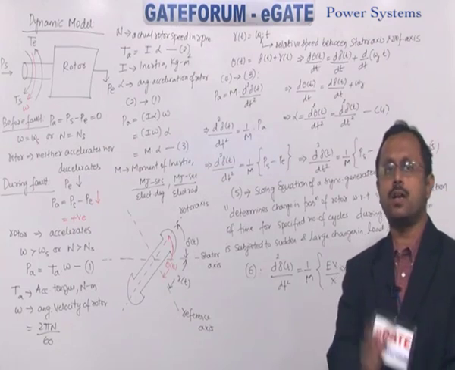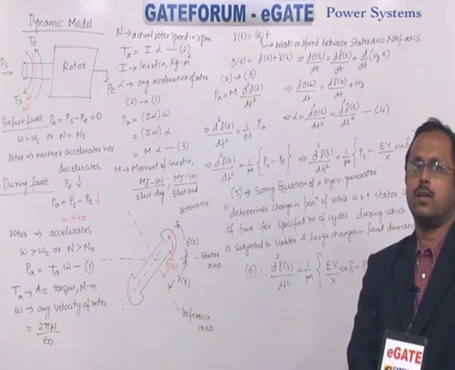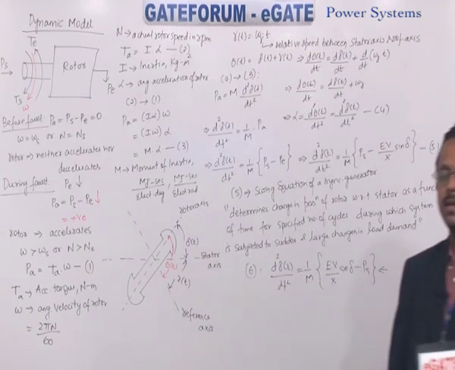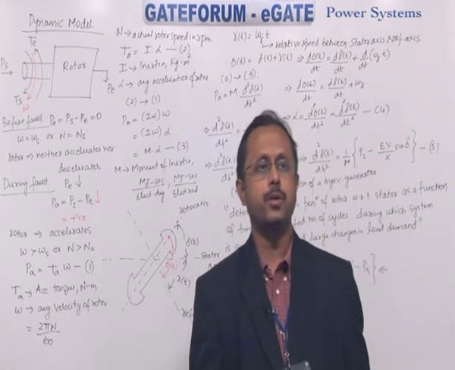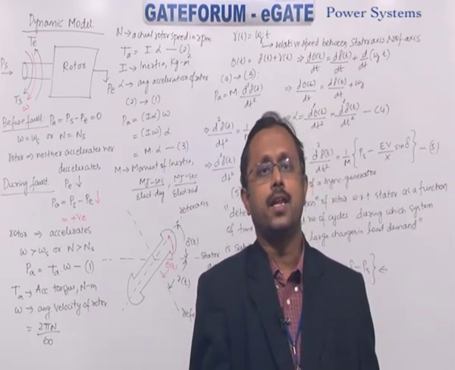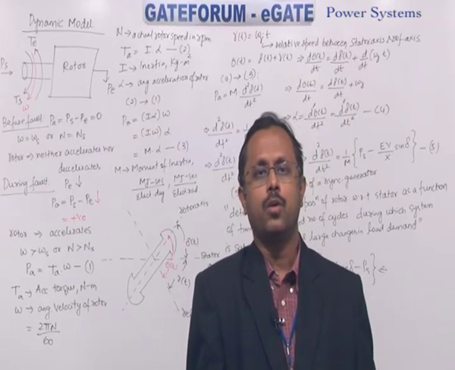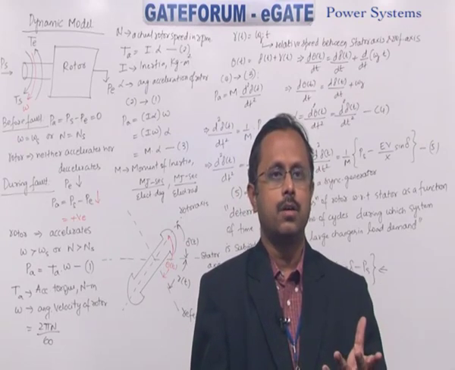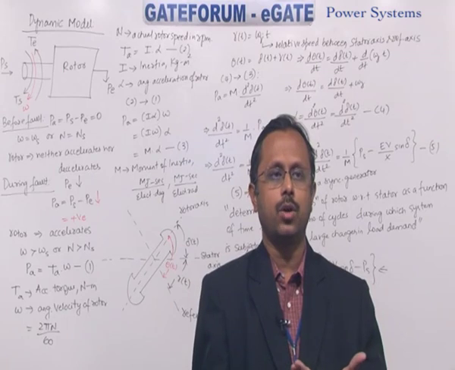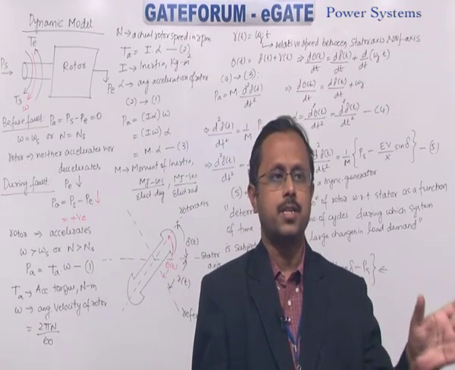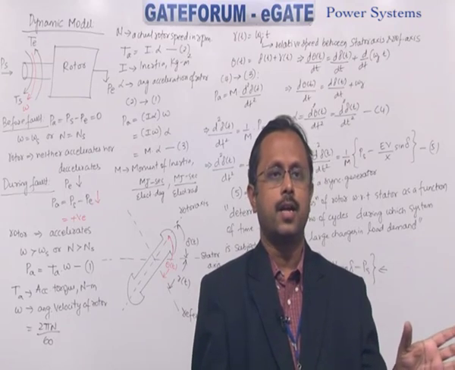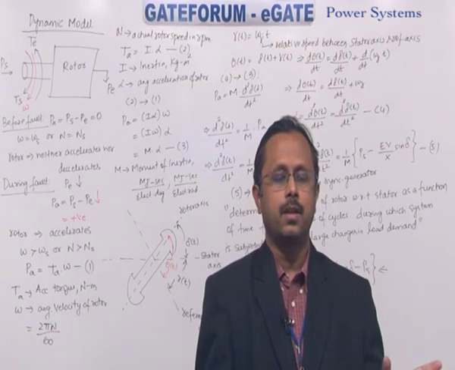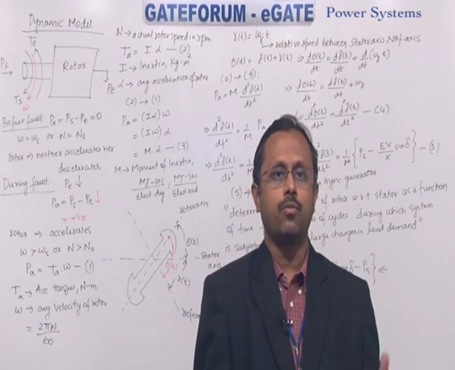So the swing equation is not only used in the analysis of transient stability, but we also use it in the analysis of steady state stability. What for?